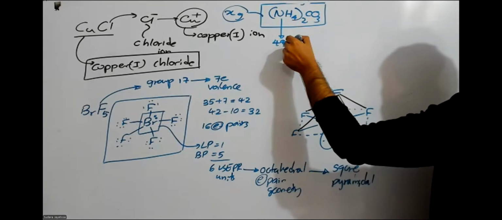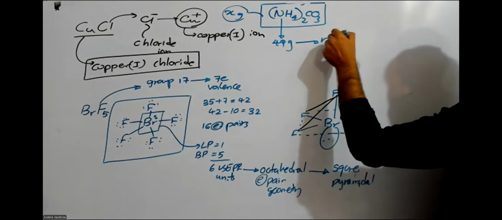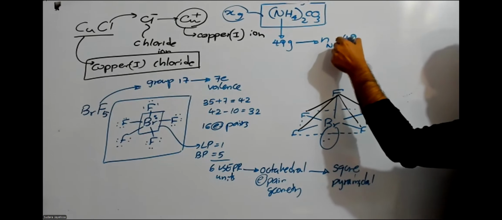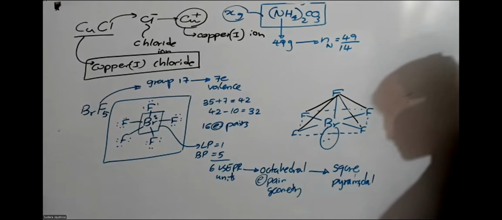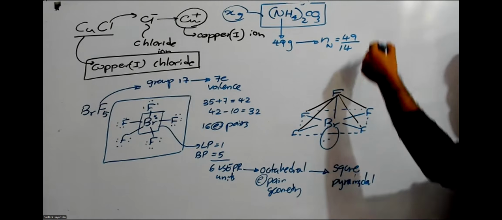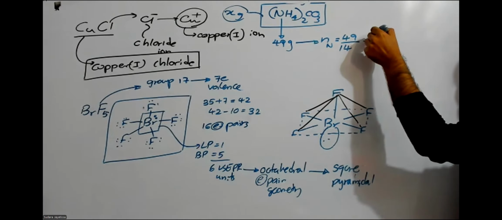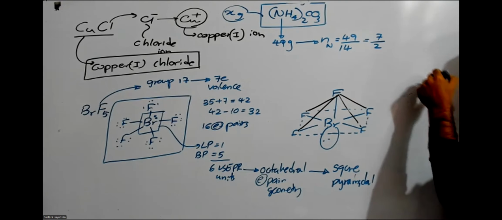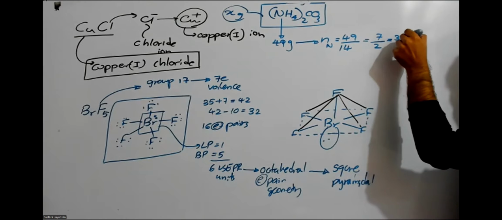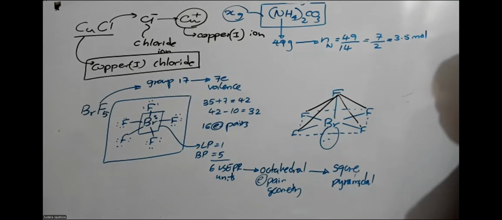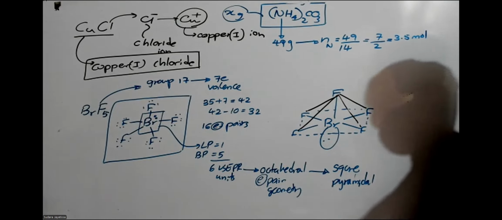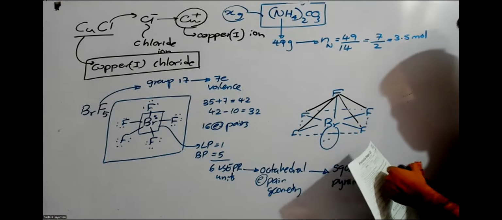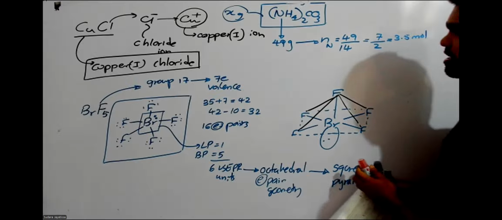Then you can find moles of nitrogen atoms. So 49 you have to divide by the relative atomic mass of nitrogen, 14. You can see both are divisible by 7. So 7 over 2, you have 3.5 moles of nitrogen.